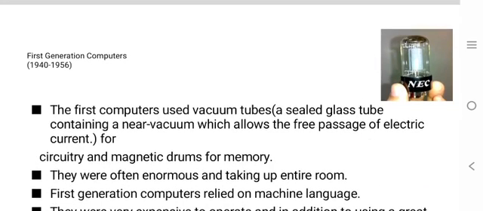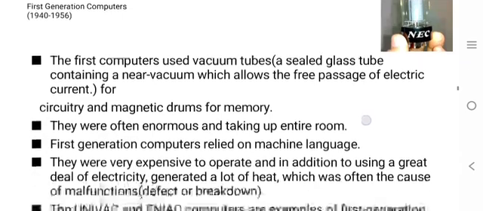The first generation computer was developed between 1940 and 1956. The first generation computer used vacuum tubes for processing, and magnetic drums for data storage.